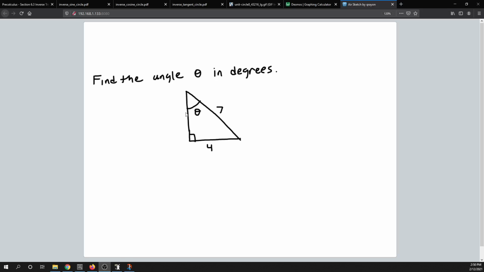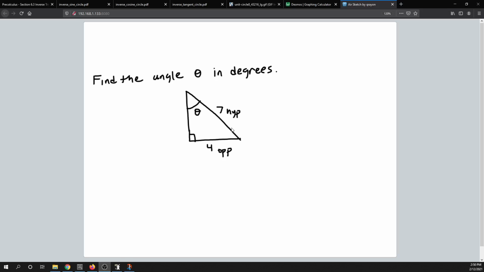This leg, the one we don't know, forms the angle theta. It's how angle theta is constructed. And then the other leg over here is not the one involved with the angle theta, so that's the opposite side. So what we've got are the opposite for theta, and the hypotenuse for theta.